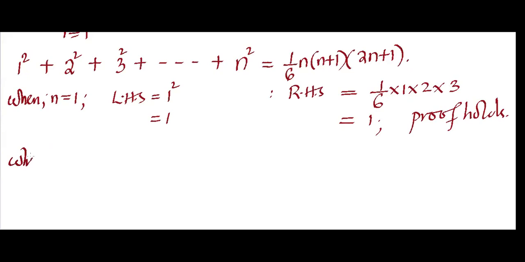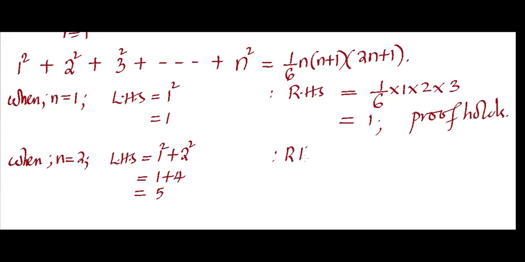When n is equal to 2, the left-hand side captures the sum of the first 2 terms, and that will be 1 plus 4, which is 5. But on the right-hand side, the sum just waits for the value of n you've picked, which is 2.